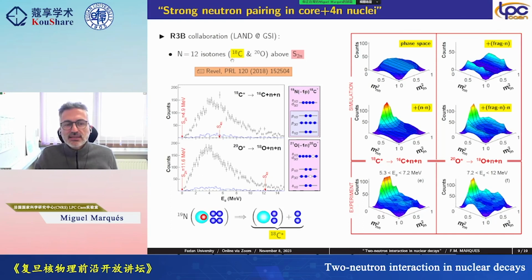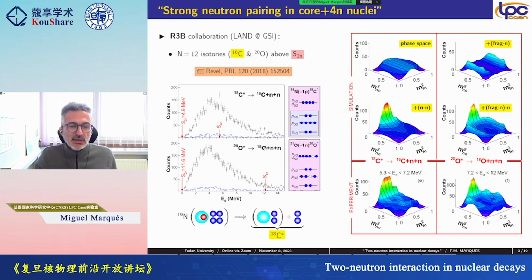But he said, okay, but if we excite them, we can measure the neutrons. So the problem is, in this case, for example, take oxygen-20. It is very well bound, but you can always, in a violent collision, excite it and make it emit neutrons.